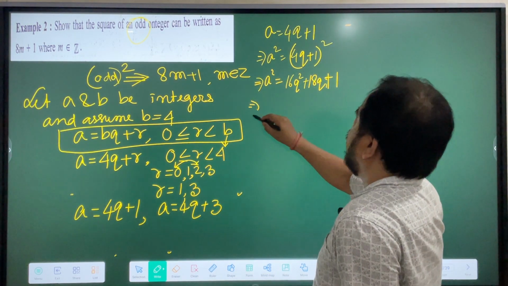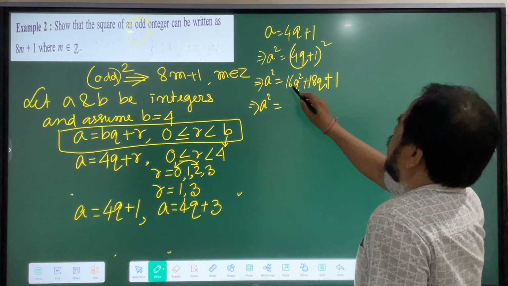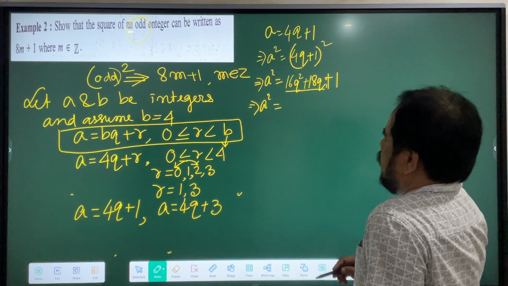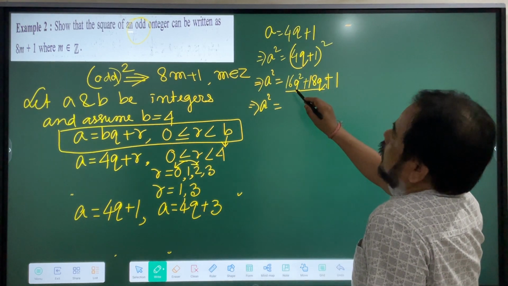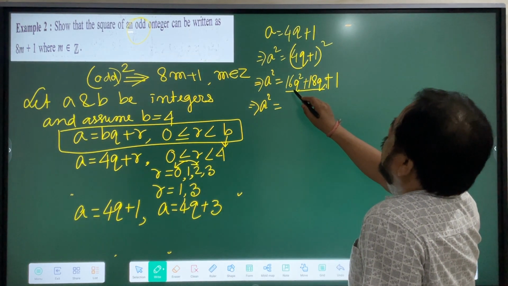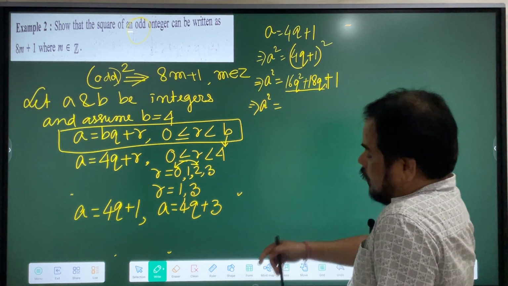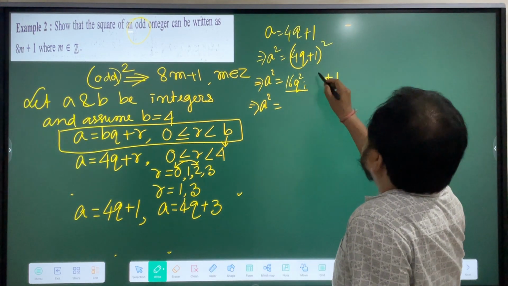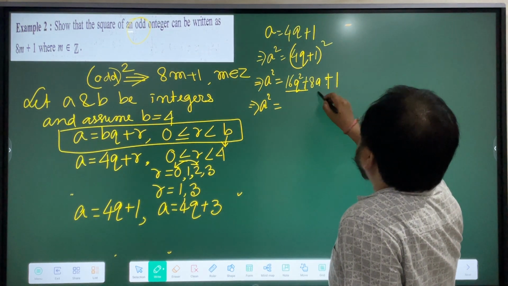Now look here. A square is equal to 16Q square plus 8Q plus 1.